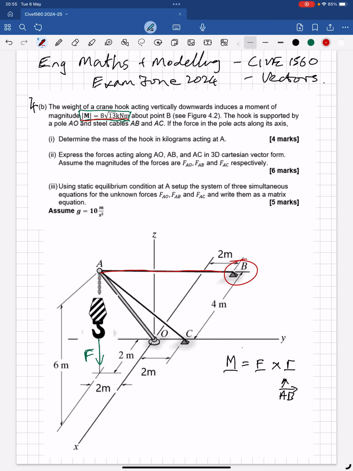Okay, this is a calculation which we're going to refer to when we're making use of this and determining the mass.